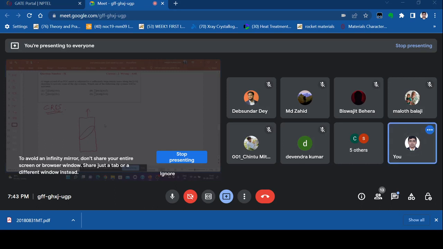So suppose this is an FCC material. What is the slip plane in FCC? The slip plane is the 111 plane and the direction is 110. So it is already given, we don't have to consider it. This is our slip plane.